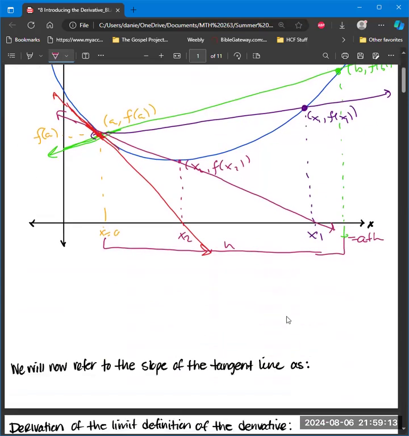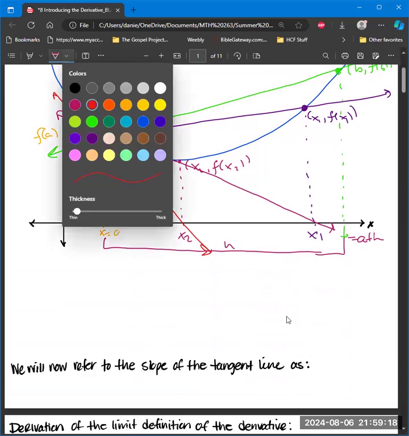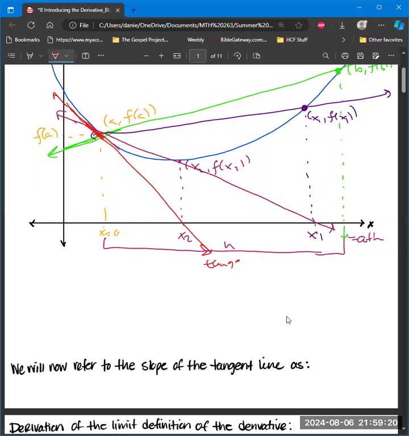Okay, so as I mentioned before, this is my tangent line.